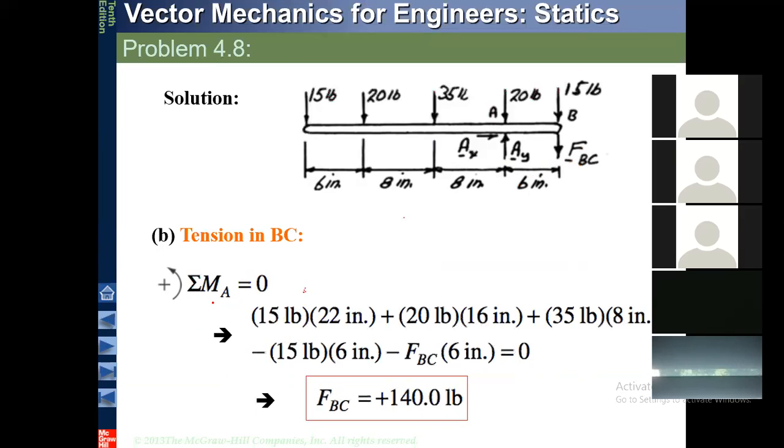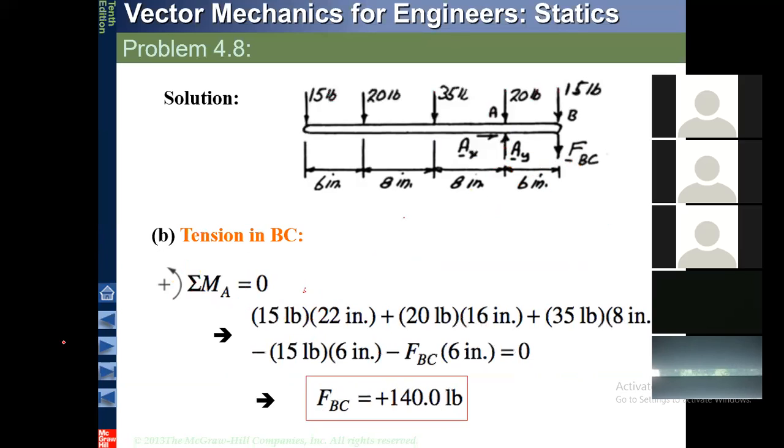Or you can write the moment around point A, and this is good. If you do this, you can also check your answers. So after you derive FBC from the moment around point A, then you can write sigma F of y to check whether that is equal to 0.